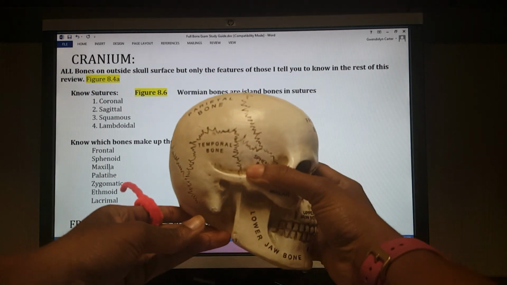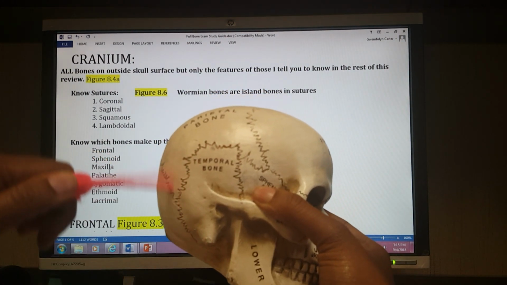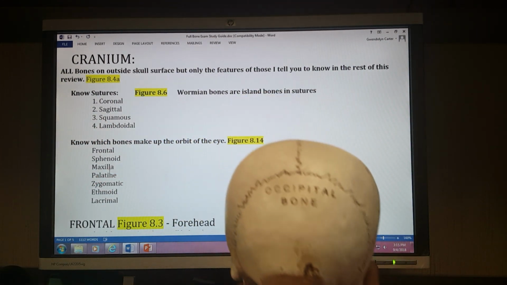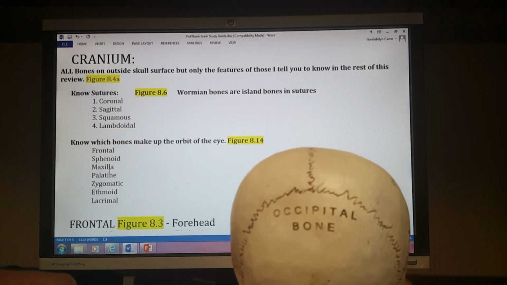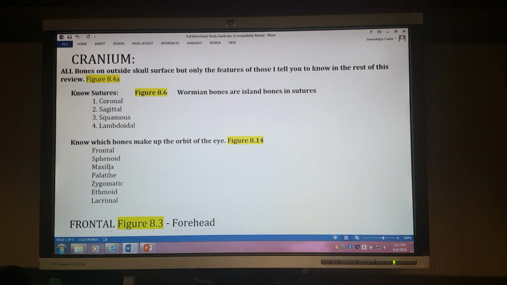Next suture is your squamous suture. So that's this one over here, off to the side, going around your temporal bone. And then the last suture to know is the lambdoidal. So in this skull, you can't really see that well why it's called lambda. But there's a Greek letter called lambda, and its shape is similar to that suture.